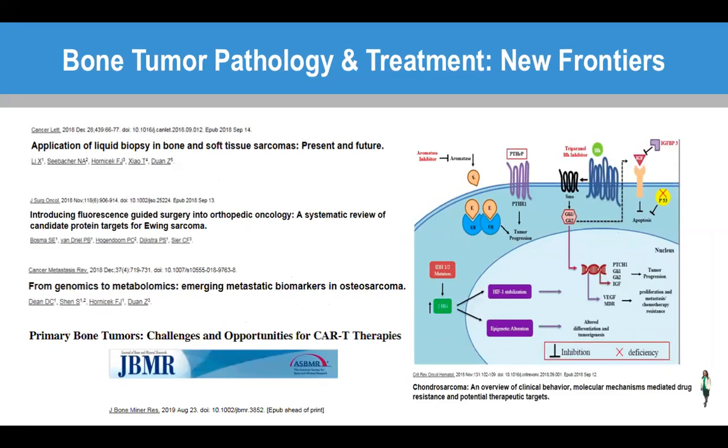So for bone tumor, there are new treatments coming into play now. Traditionally, treating tumor is just surgery, radiation, and chemotherapy. Surgery and radiation achieve local control, but don't really have impact on the disease survival.